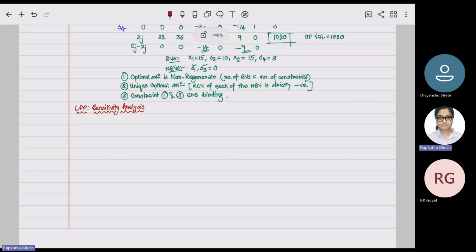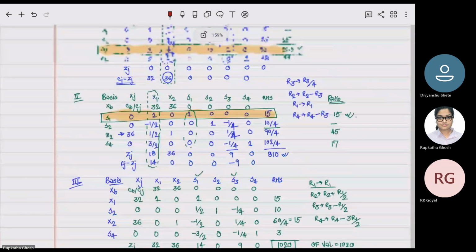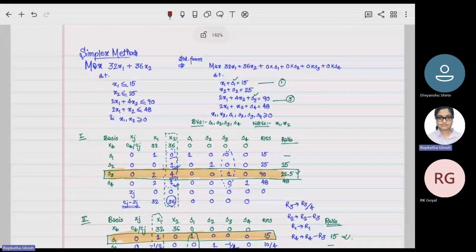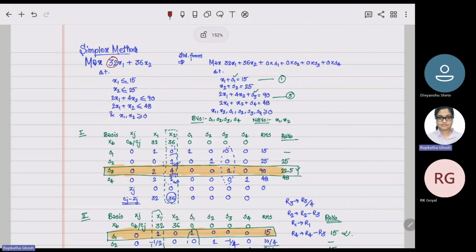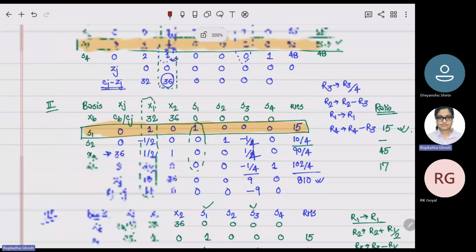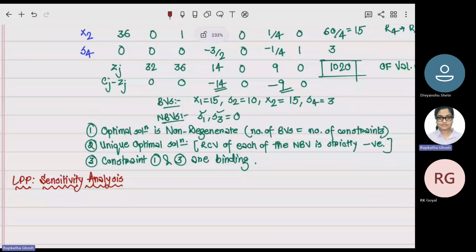Let's say, if I go back, this must have been some price of product A, price of product B. So X1 and X2 were respectively the quantities of those products. This might be changing. Then your resource constraints on the right hand side, for example, 15, 25, 90, 40, also might be changing depending on your real life scenario.